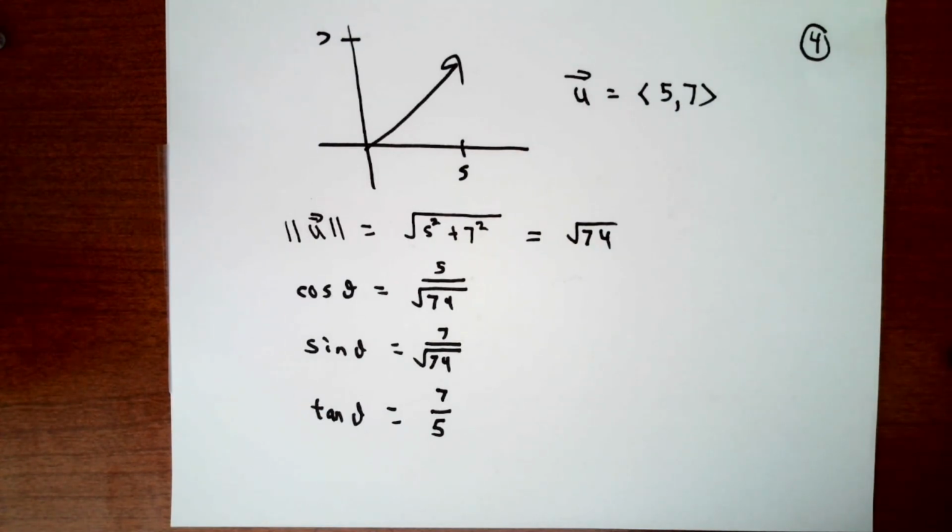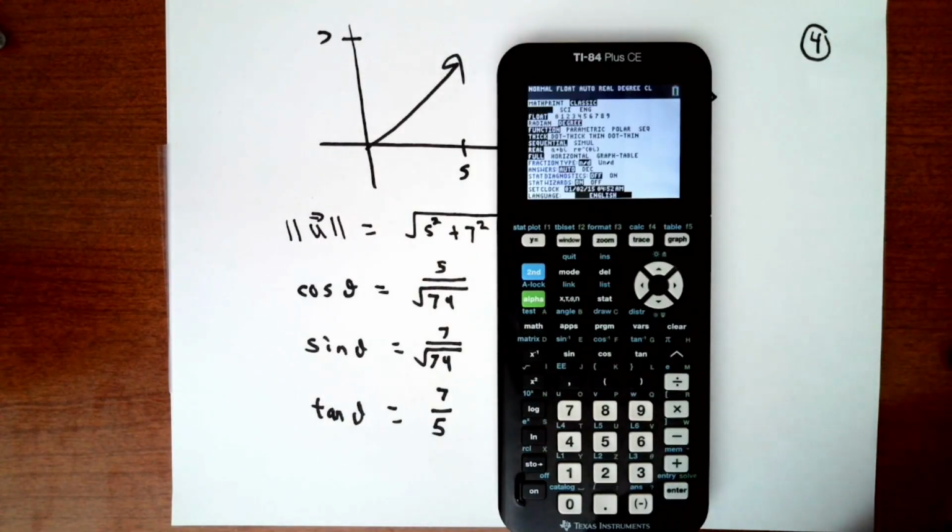Because the vector points into the first quadrant, it's safe to use any of the inverse trig functions to find theta, so we'll do all 3 of them. My calculator is set in degree mode, so my answer will come out in degrees.